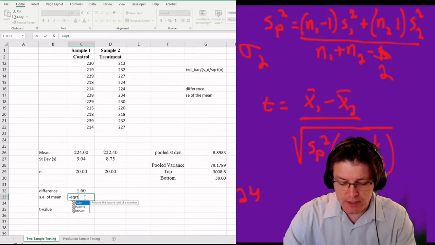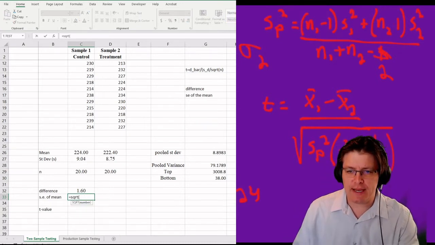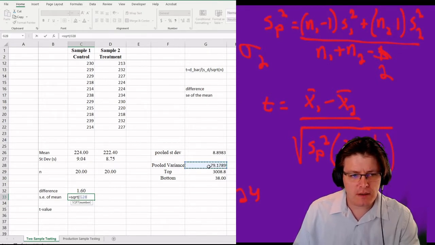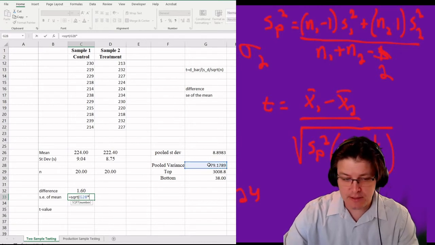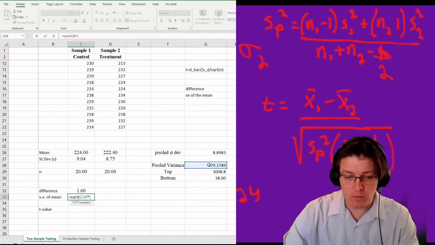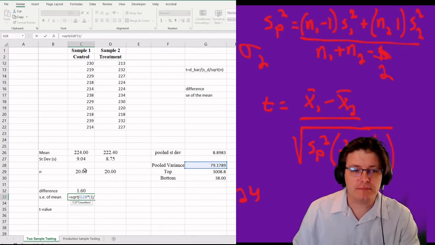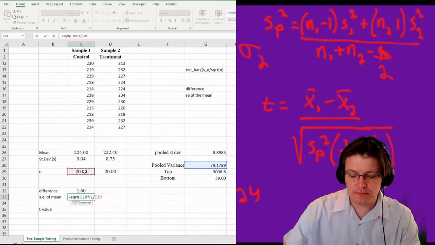This is the square root of SP squared, the pooled variance, times the following: 1 divided by N1, plus 1 divided by N2.